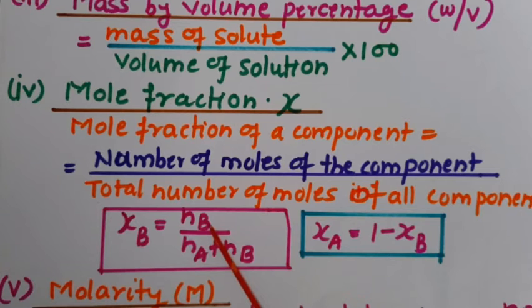It means the 20 gram of glucose is present in 100 gram of solution or 80 gram of solvent, that is nothing but water.